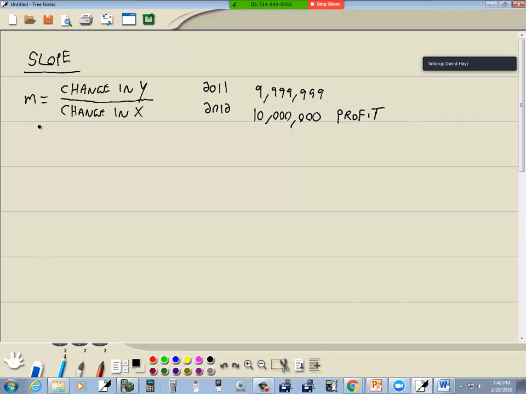Now we've got a formula for the slope. If we're given two points, (x1, y1) and (x2, y2), then your slope is going to be y2 minus y1 over x2 minus x1.